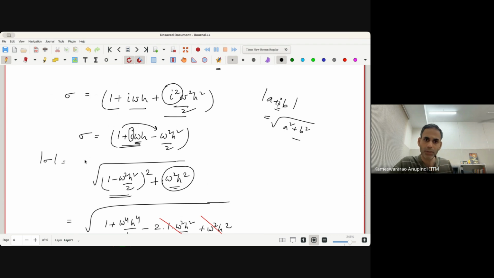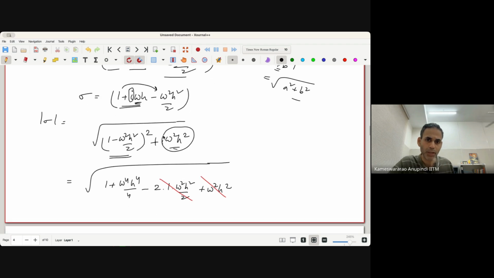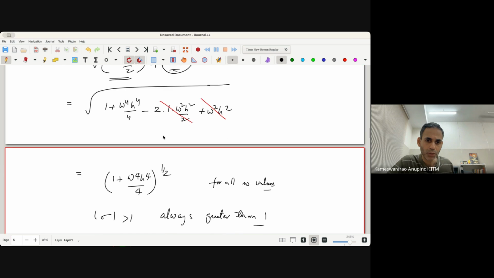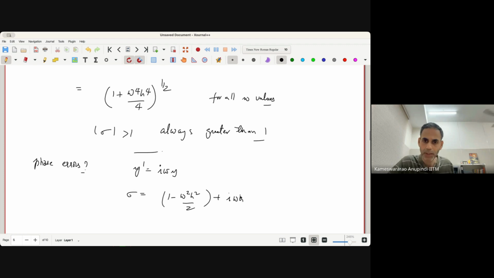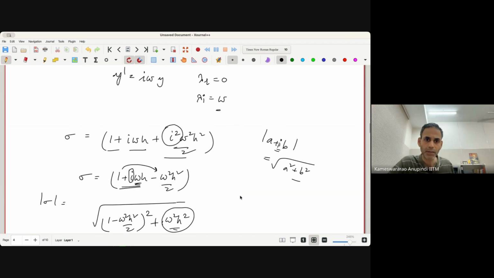Okay, so I can go back to this equation, sigma equals 1 plus omega h minus omega squared h squared by 2. We are trying to solve y prime equals i omega y. And then sigma is 1 minus omega squared h squared by 2, plus i times omega h.